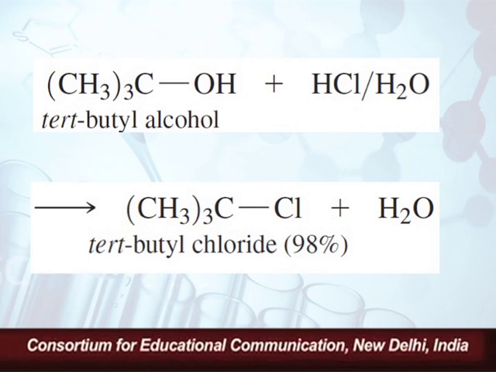That is, the reaction will be accompanied by formation of a carbocation intermediate. That is, the reaction will follow the SN1 mechanism. As you can see, tertiary butyl alcohol reacts with HCl, resulting in formation of tertiary butyl chloride in 99% yield.